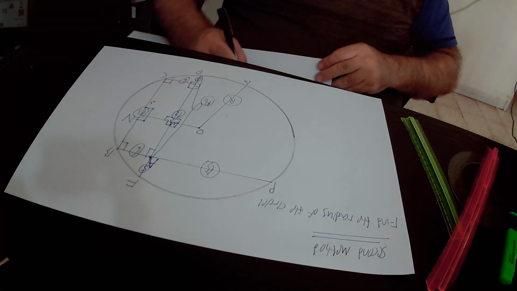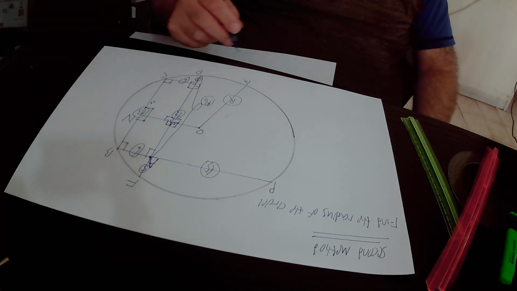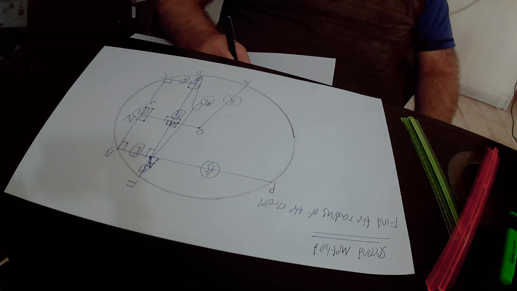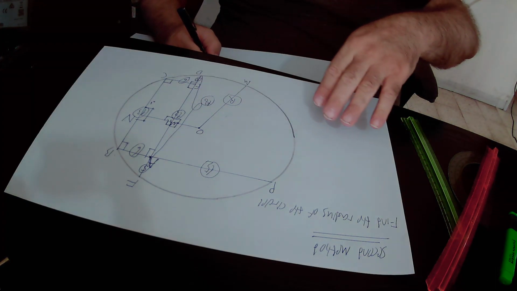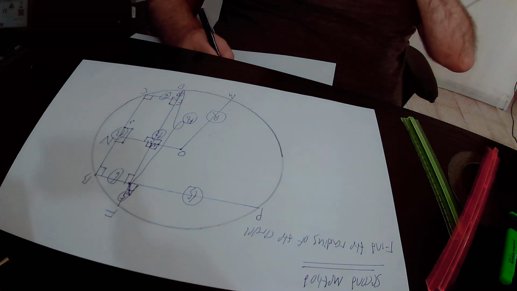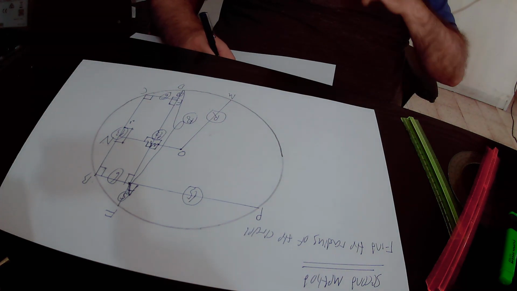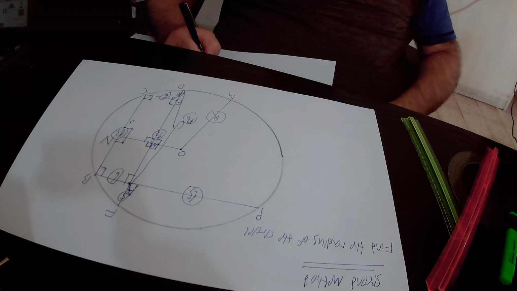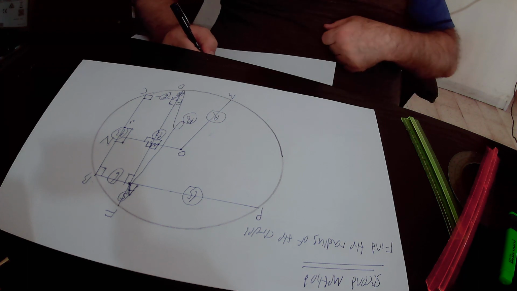So 4R squared equals FA squared. FA equals 5, therefore FA squared equals 5 squared, that is 25, plus AD squared.